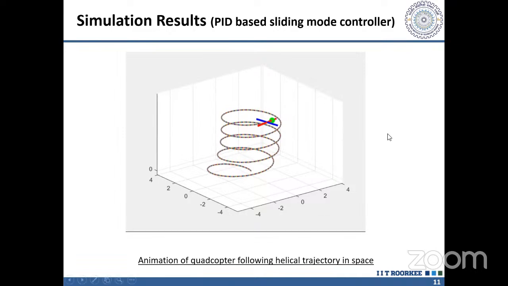Similarly, we can use other kinds of controller systems for a UAV, like a clamping controller. We can use the MPC model predictive control toolbox. So there are many controllers which can be used for the UAV dynamics.